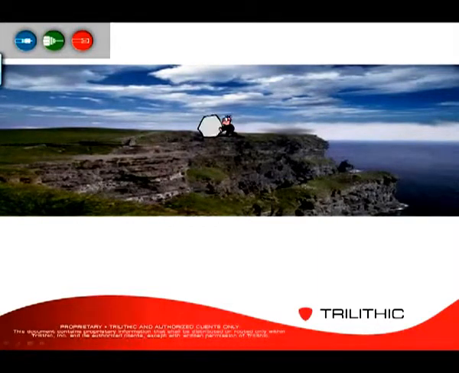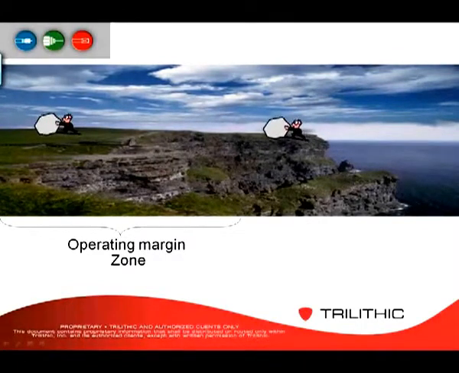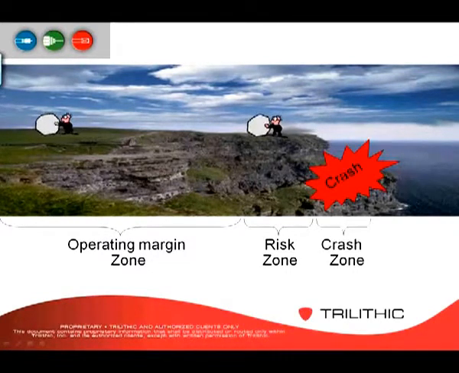So here's a way of illustrating it. If you look at this first display, in that particular area we're working in the operating margin. That's what we're considering good. But now we're rolling up the hill and we're in the risk zone. That's the area that's close to failure. Now this is running right at the edge, and that's the actual crash zone.